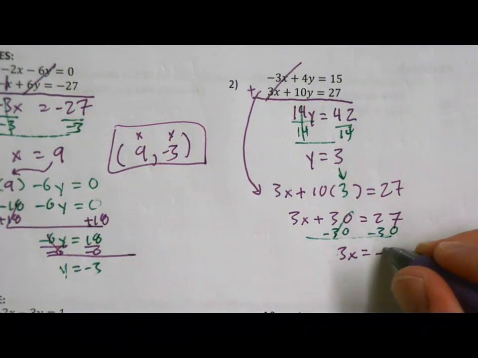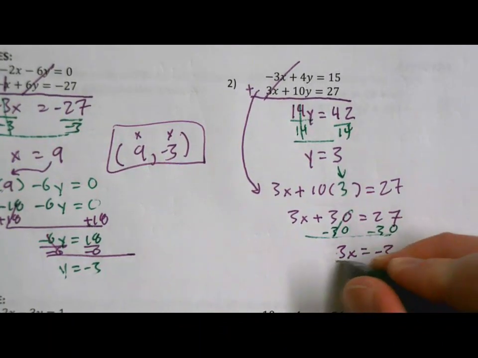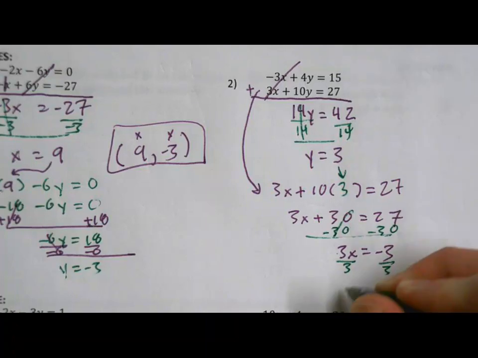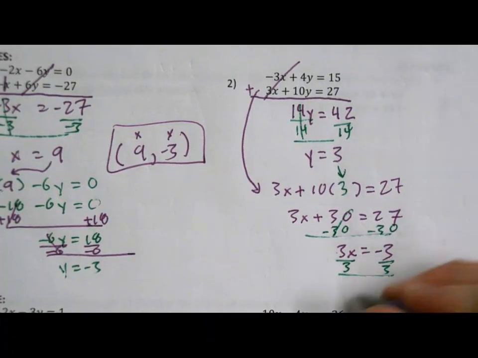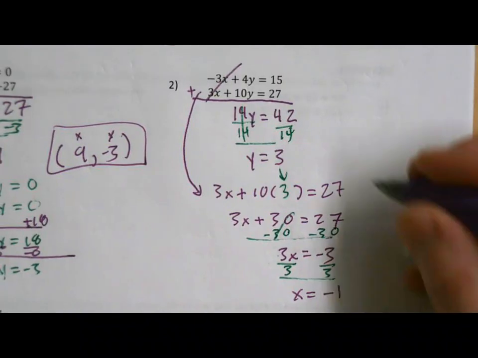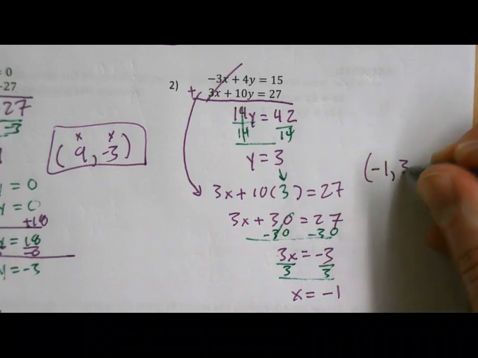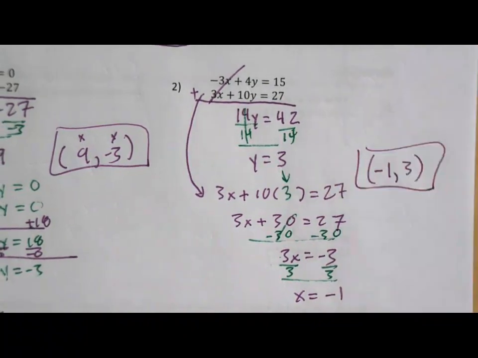Negative 3. And then we'll divide by 3 on both sides. We get x equals negative 1. So our final solution is negative 1 comma 3, and that's our second one.